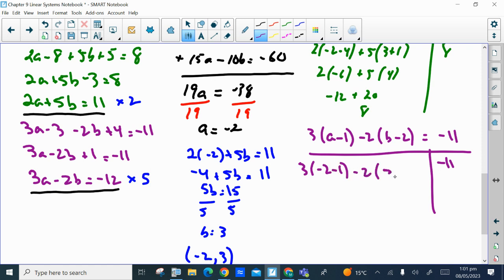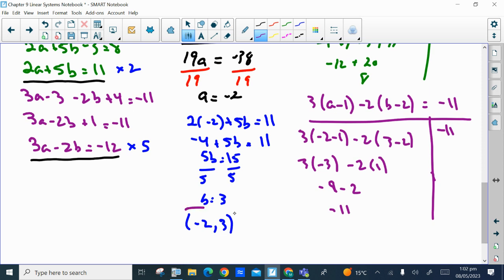B is 3. So you're going to have 3 times negative 2 minus 3 times 1. Negative 9 take away 2 is negative 11. So it checks. We've just shown that our solution works.